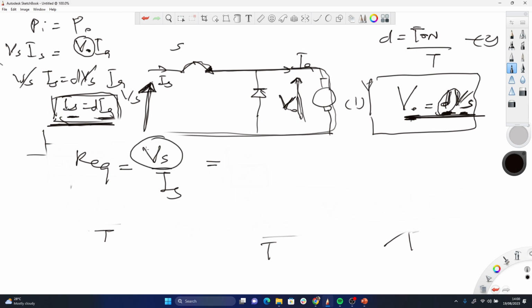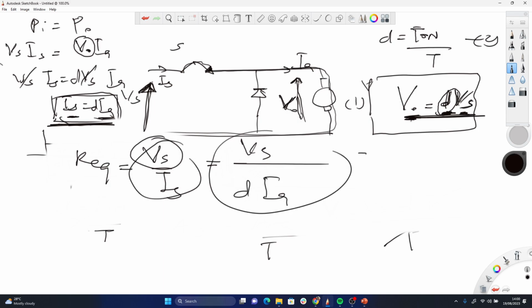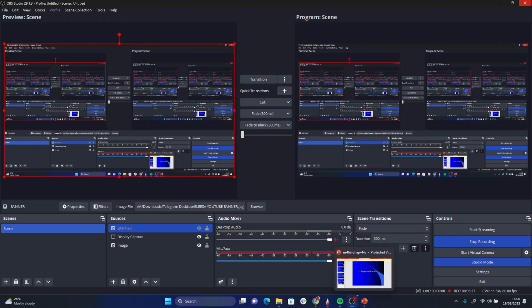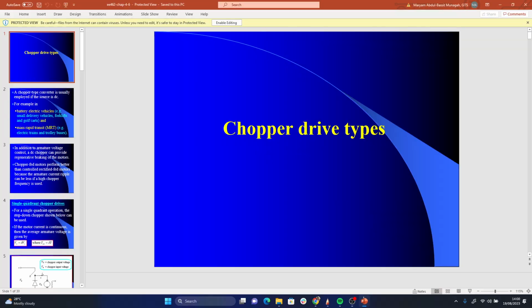Vs is V naught over delta, and Is is Ia over delta, so it can be in this form, or in this form, or in the form V naught over Ia over delta. Once I know these three relations, I can make any of them the subject and find what I want to find.